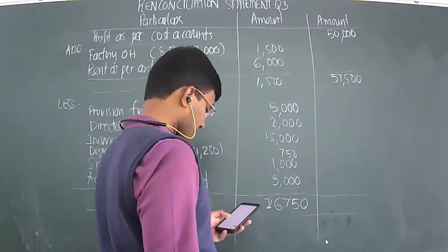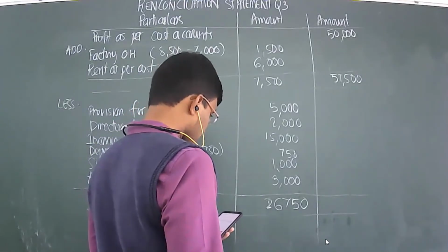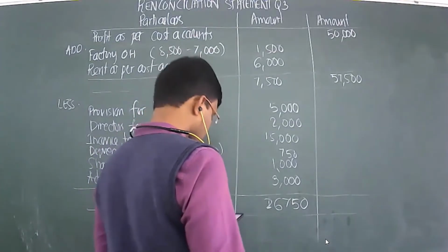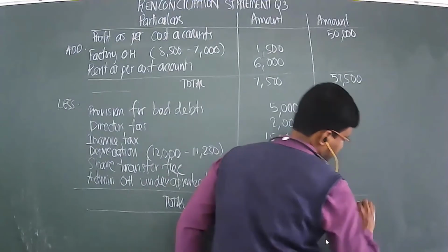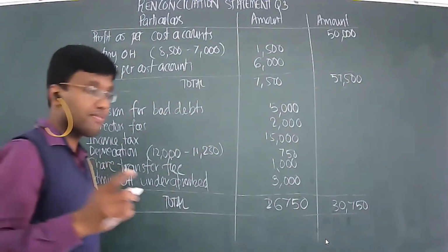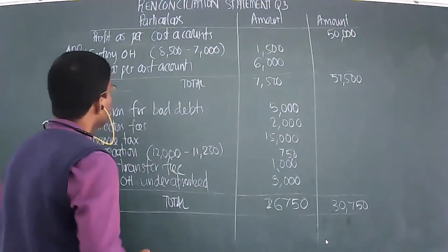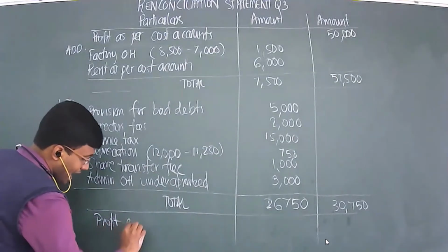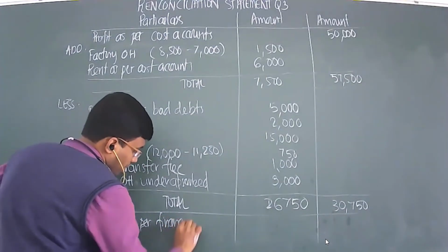26,750 I will have to subtract from 57,500. So when you subtract 26,750 from 57,500, you will get 30,750. Now, what you have to remember over here is, what is the significance of this 30,750? 30,750 is your profit as per financial accounts.